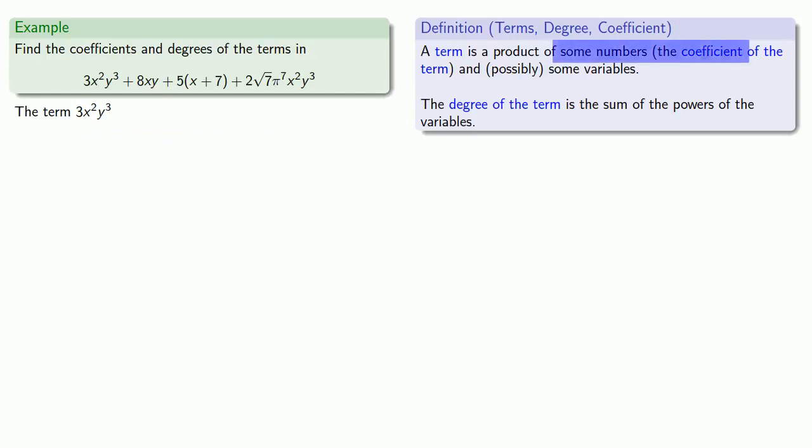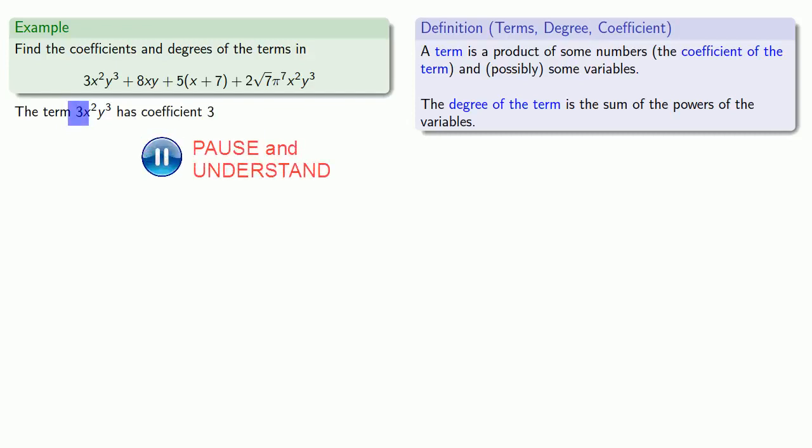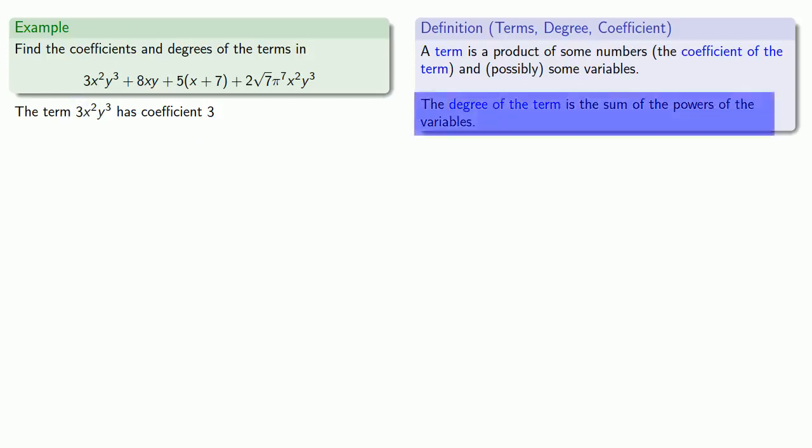The coefficient is the number that's being multiplied. So here the number 3 is being multiplied. The degree of the term is the sum of the powers on the variables, so that's x to the second, y to the third, so the degree is 2 plus 3, or 5.